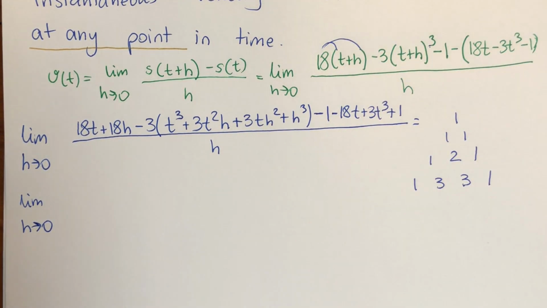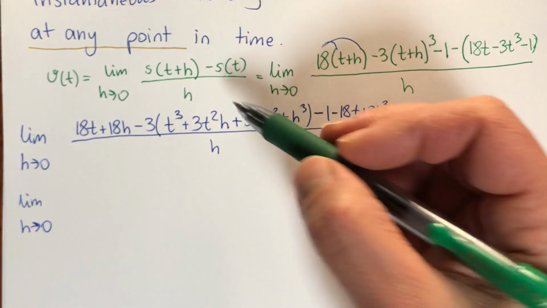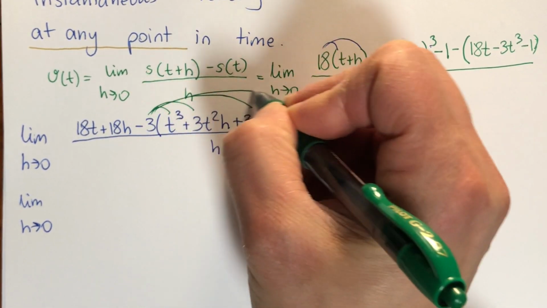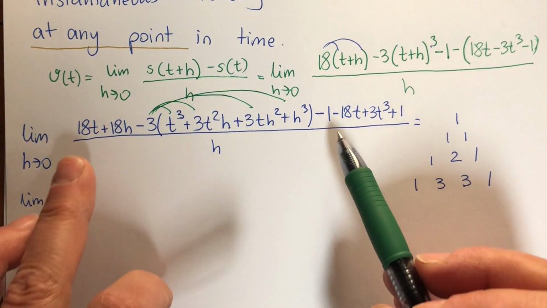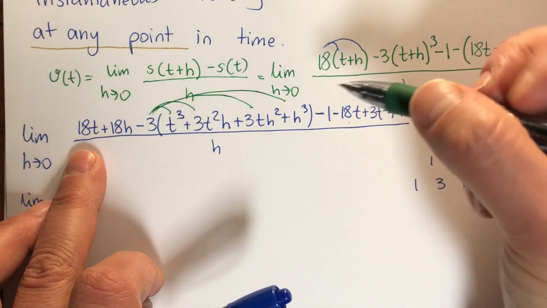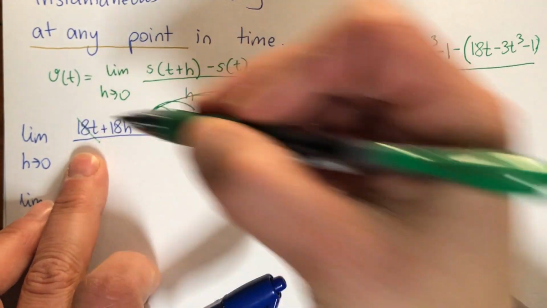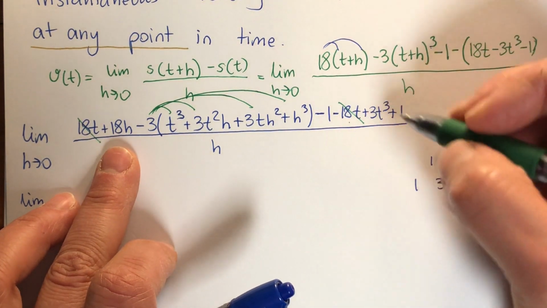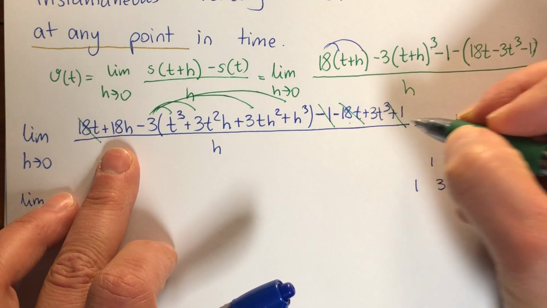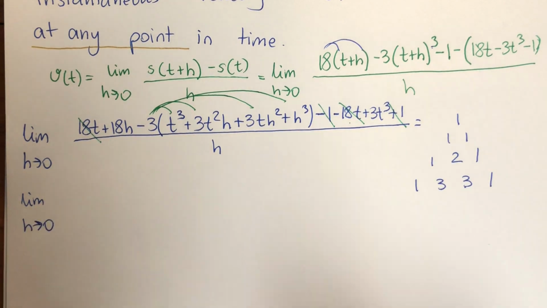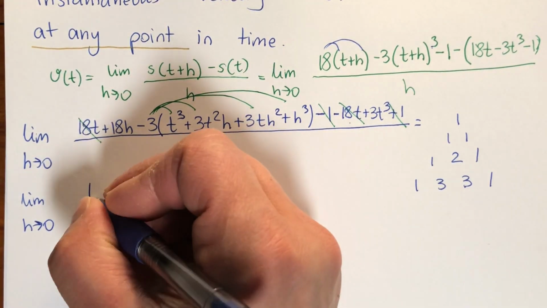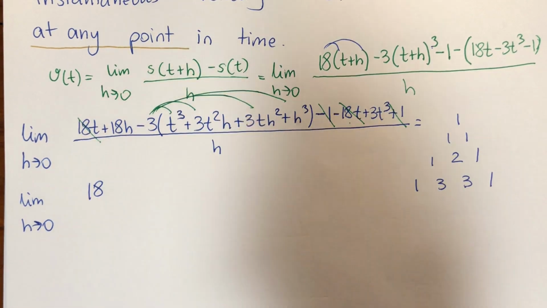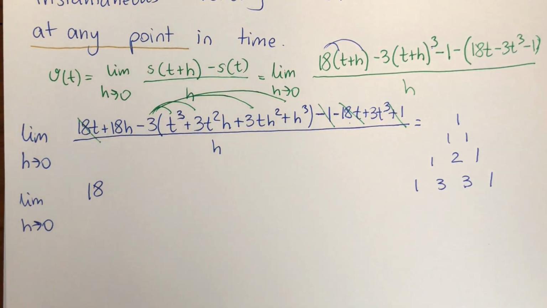Let's see, we need to use this distributive property. There's nothing we can clean up in this parenthesis. But look at this one, 18t minus 18t. I can get rid of that. I want more because that will be less writing. So negative 1 and positive 1, that's gone. And I think everything else I need to rewrite. So it was worth stopping for a second, and we cleaned up some things.